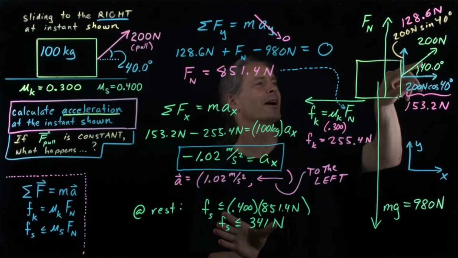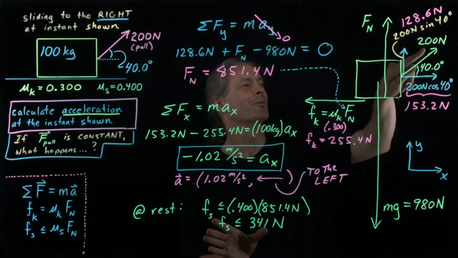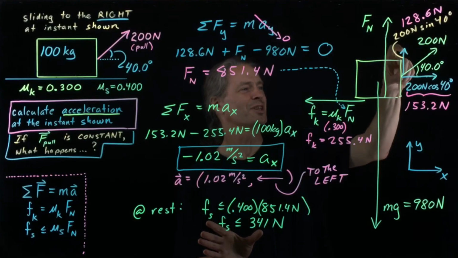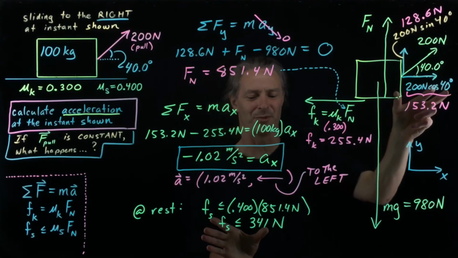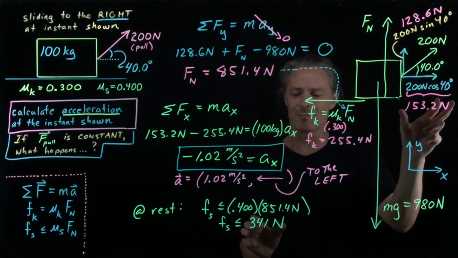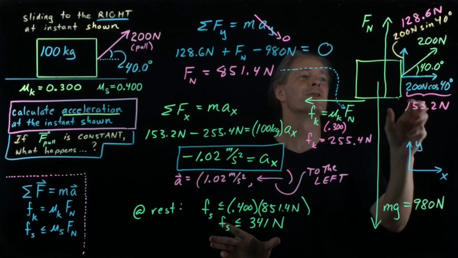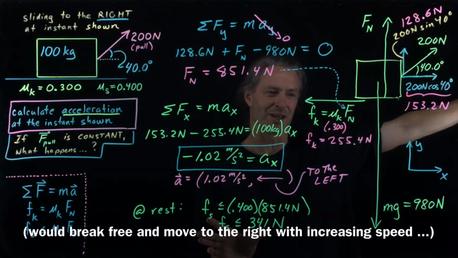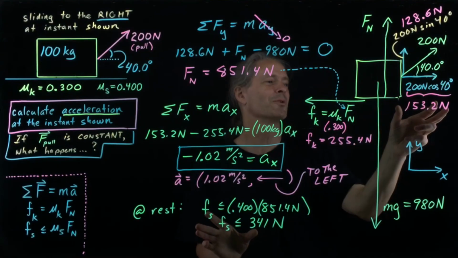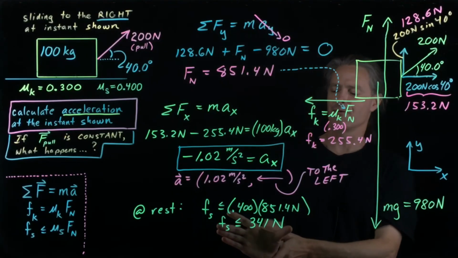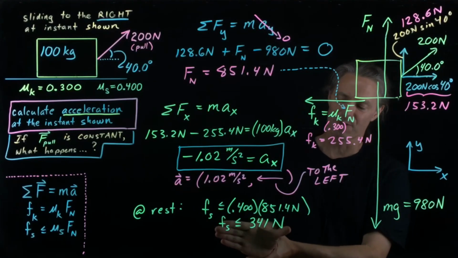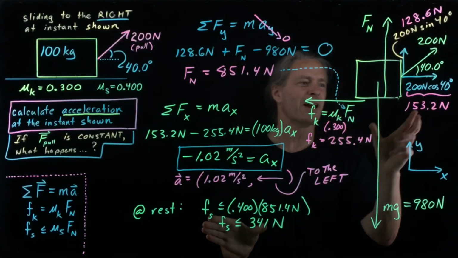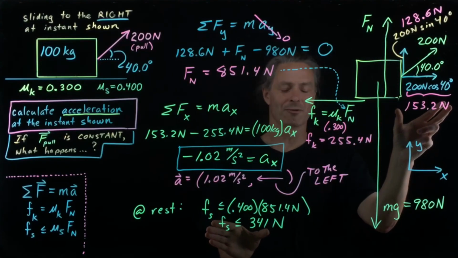So imagine somehow that we pull harder, but we change the angle so that this part stays the same, but this part gets bigger and bigger. If this part ever got bigger than 341 newtons, then this thing would pull again to the right because this would overcome the 341 newtons of maximum possible static friction. But we don't have that. We only have 153.2 newtons.